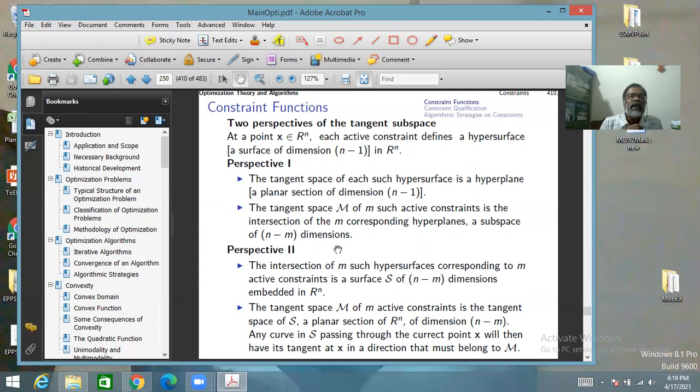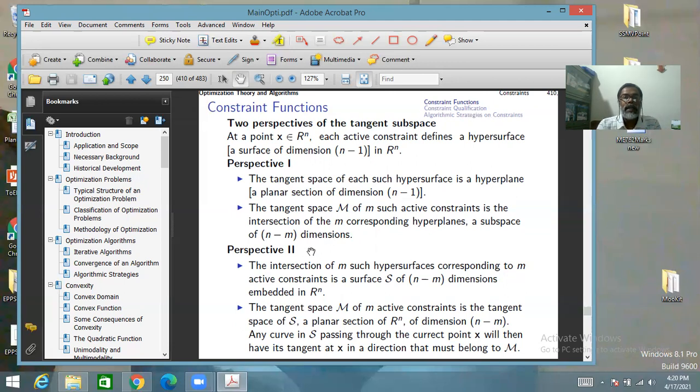And that means that if you try to draw a curve in 3D space through that point which lies on surface 1 as well as surface 2, then it has to be along the intersection curve. And that intersection curve has a tangent, which will turn out to be a line, and that line is the intersection of these two planes. This is one way of seeing. Take the two tangent planes, intersect them.